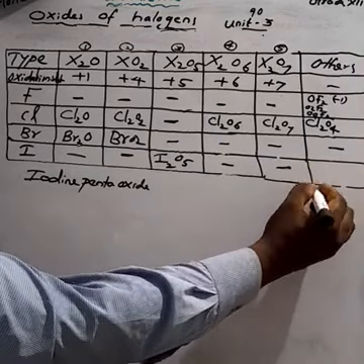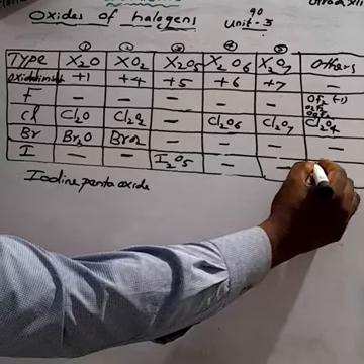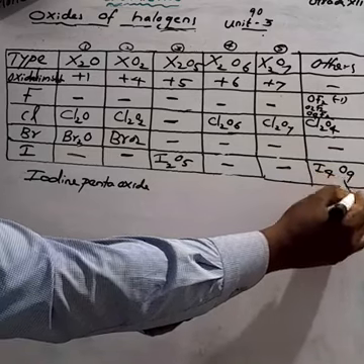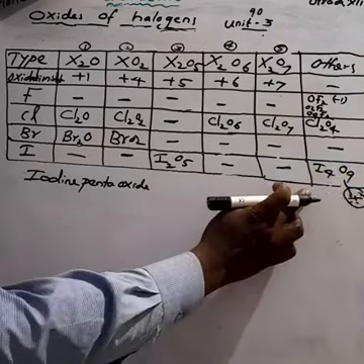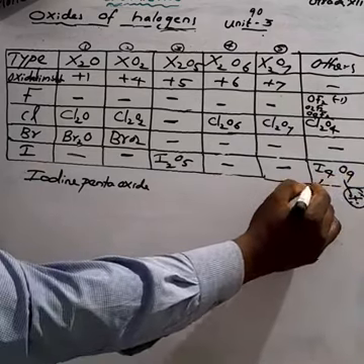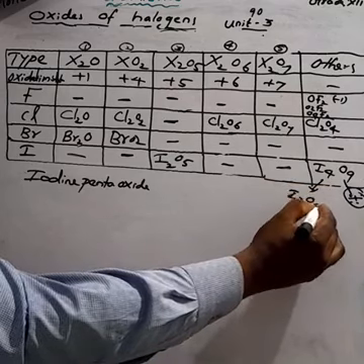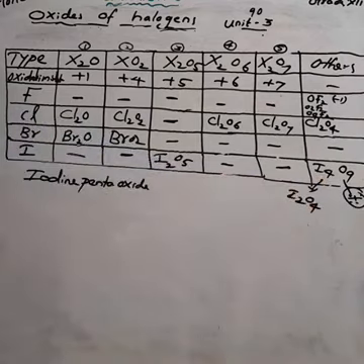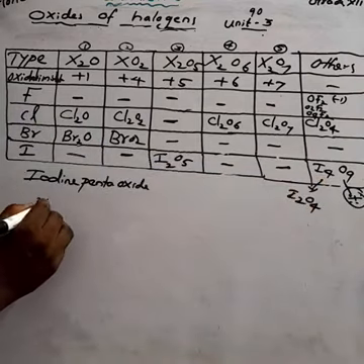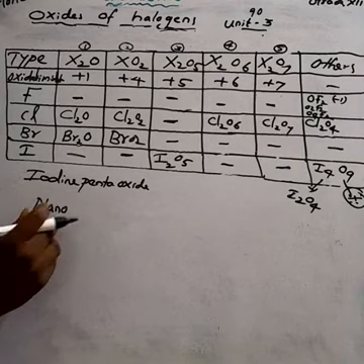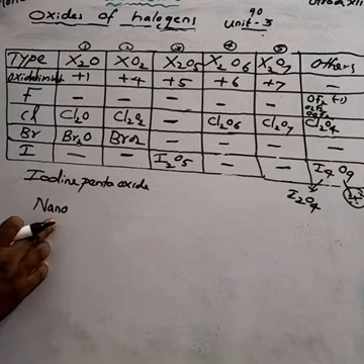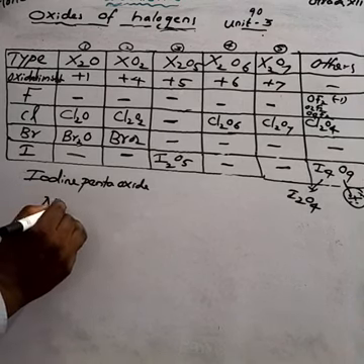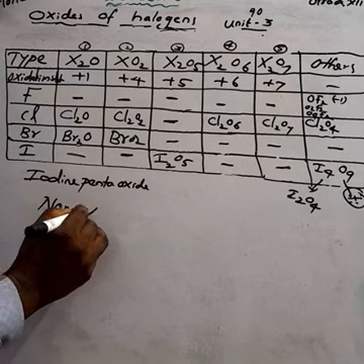And also iodine can form other oxides of halogen. For example, I4O9, one of the very important one-word questions, and I2O4. Here, 9 means nona. The name of the compound is nonaoxidodiiodate.